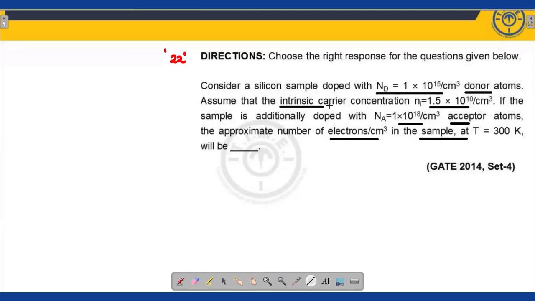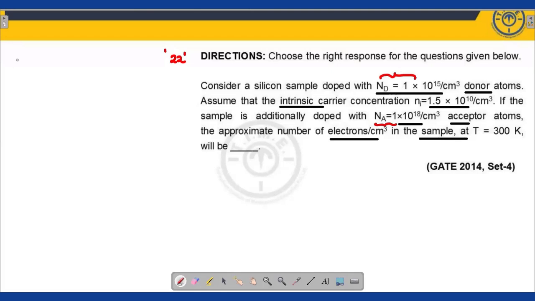If the sample is additionally doped with Na also, it forms a p-type semiconductor. When it comes to the doping levels, we have Na and Nd.